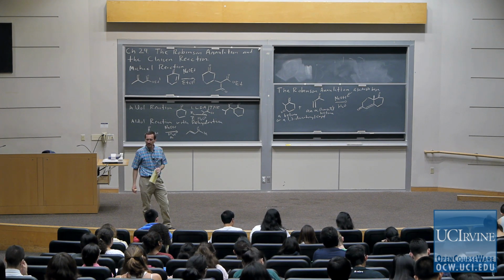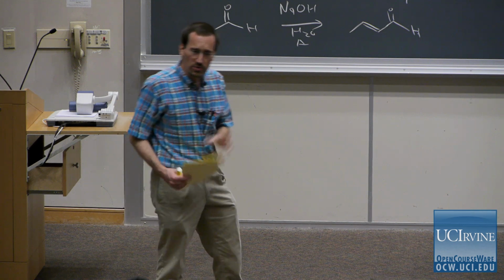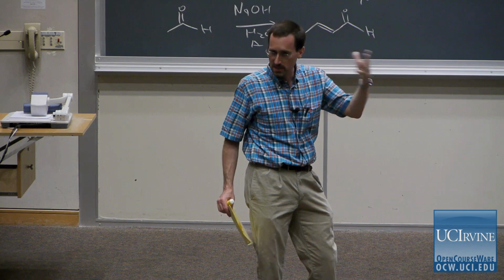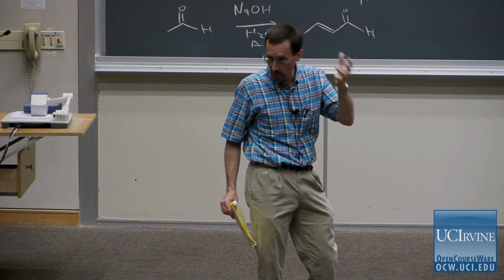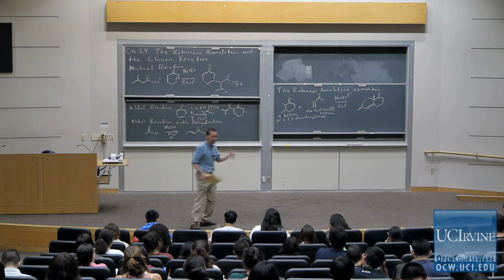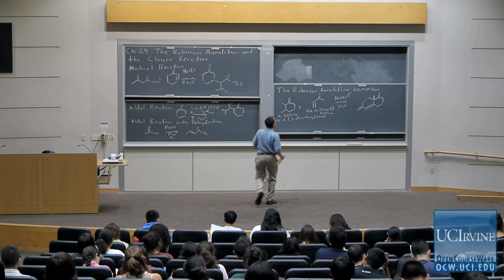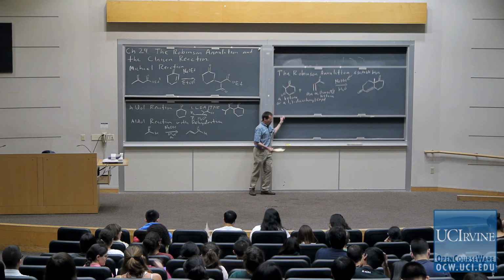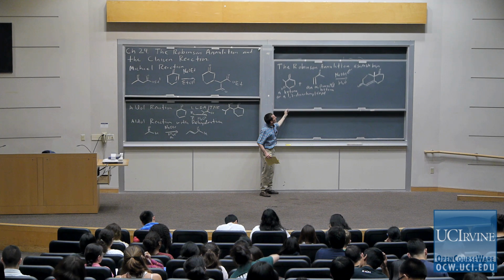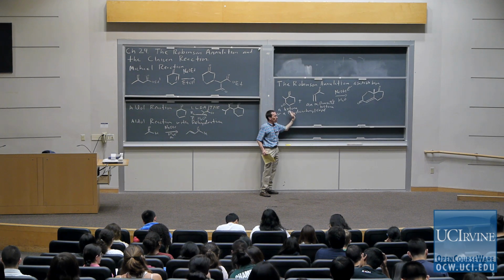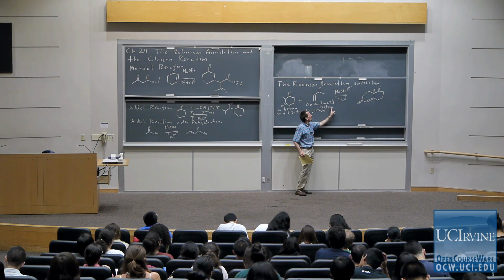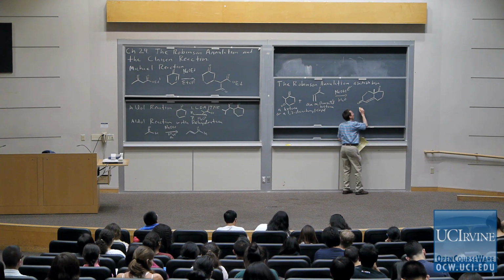It's called the Wieland-Miescher ketone, and it's used as the basis for the synthesis of some synthetic steroids. Synthetic steroids are the basis not only of cortisone, as I mentioned before, but for example, birth control pills. So these are very important compounds. Okay, and so let me, since I've been writing all of these archetypes, a ketone or 1,3-dicarbonyl, an alpha-beta unsaturated ketone, let me write out the key thing here.